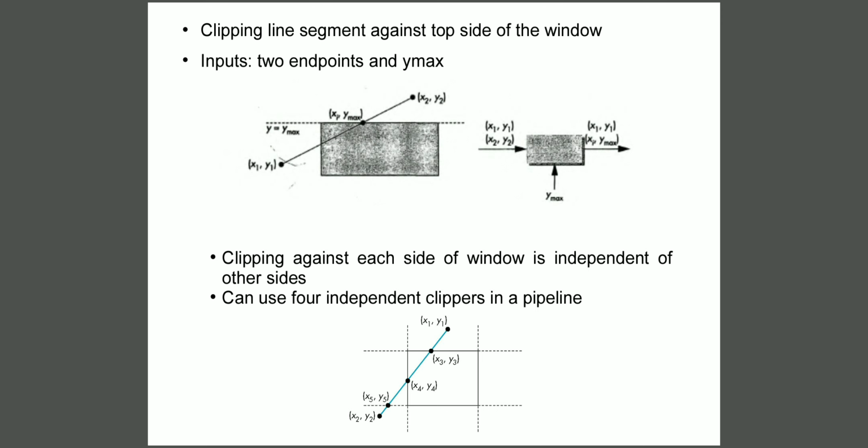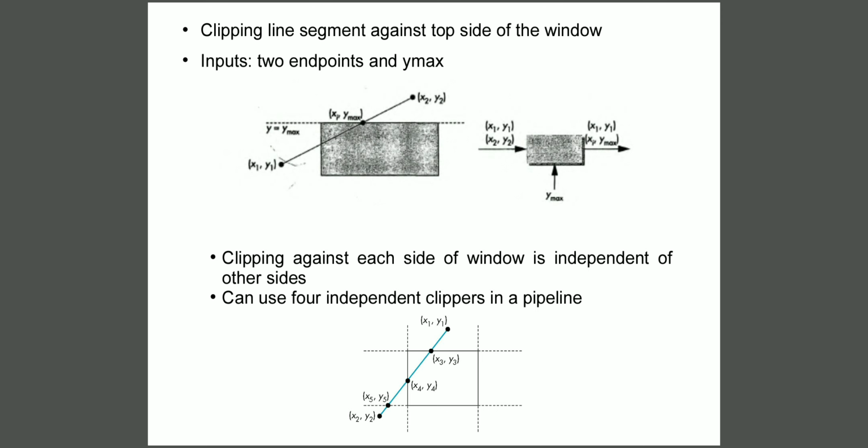So when we give the input as x1 y1, x2 y2 and y max, it will calculate the intersection point as xi y max, and the resultant line segment will be x1 y1 and xi y max. Because we applied clipping on only the topmost side of the window, it gave the output as x1 y1 and xi y max, and the remaining part of the line segment is removed because it is going above the y maximum value.